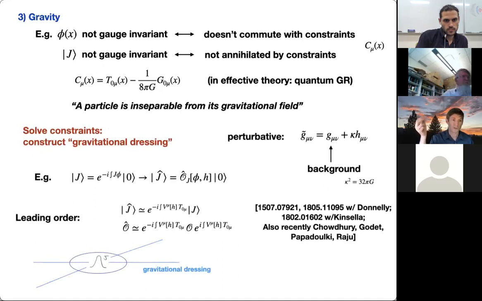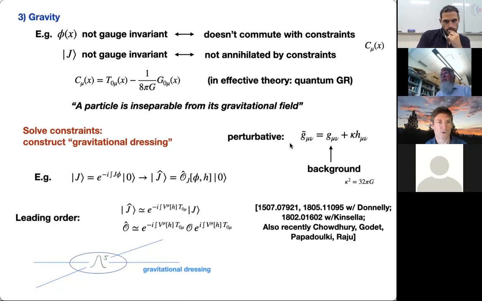Well, we can solve the constraints by constructing what's known as the gravitational dressing. We can do this perturbatively. So let's think about, say, working about some background metric and perturbatively quantizing using a metric fluctuation. Here, kappa is basically the square root of Newton's constant.